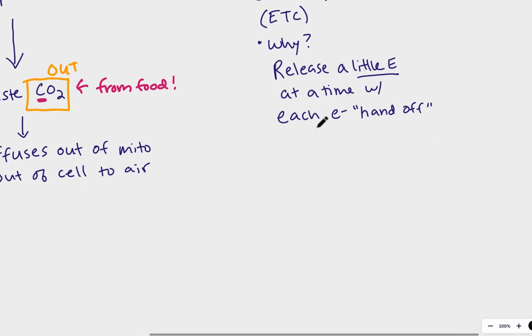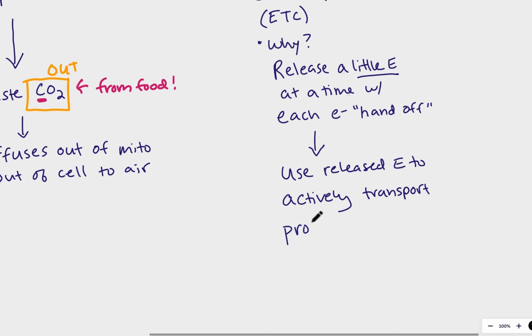And why would we do that? That energy is used to do active transport. And what are we transporting? Protons, or we can think of them as H plus hydrogen ions.